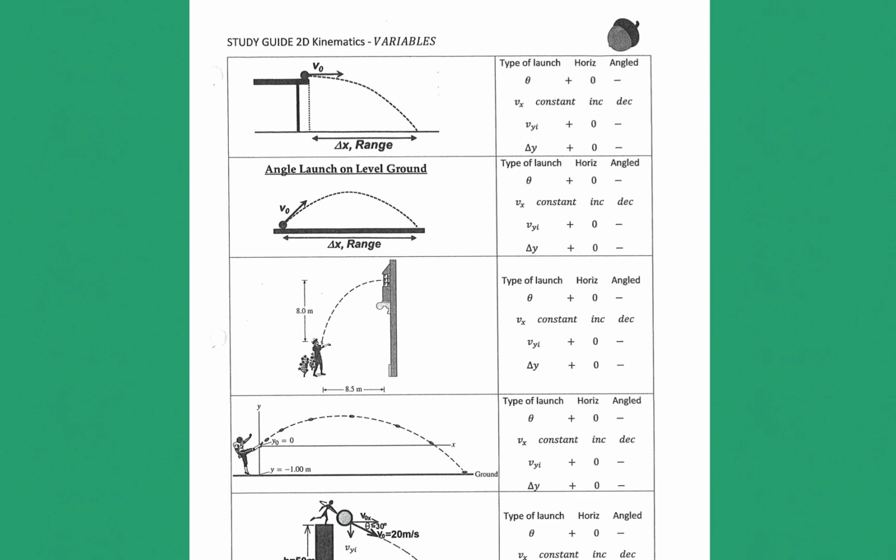Okay. Lastly, this one is more of a review of what kinds of projectiles we have examined and what parameters. We started with horizontal launches, and that means the angle was 0, the Vx was constant, the Vy initial was 0, and the delta y was always negative.